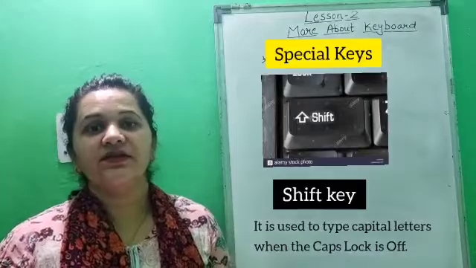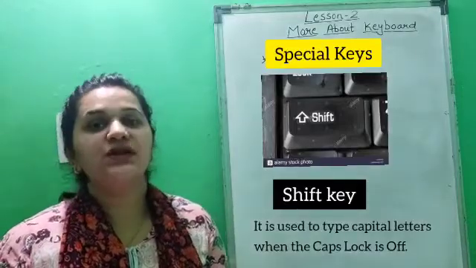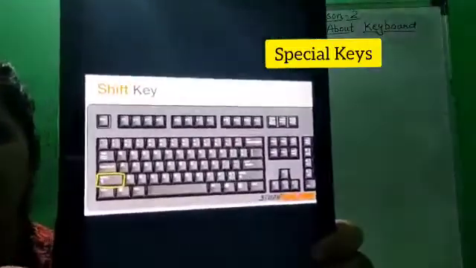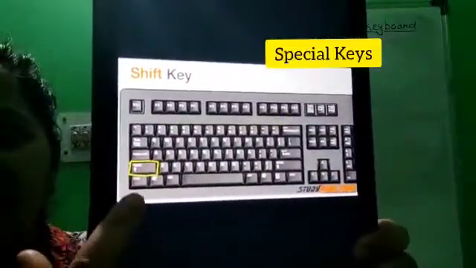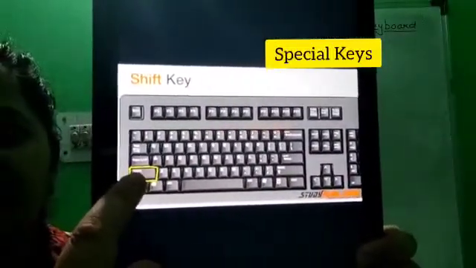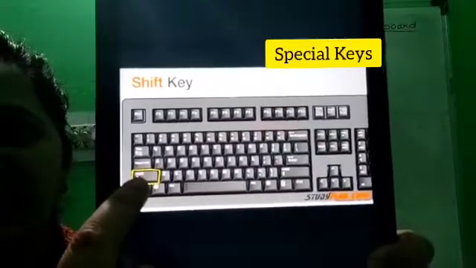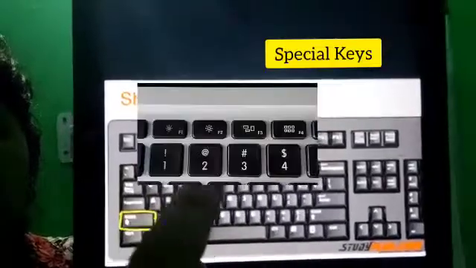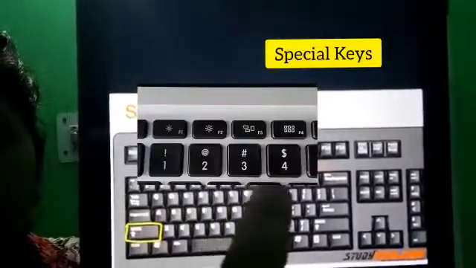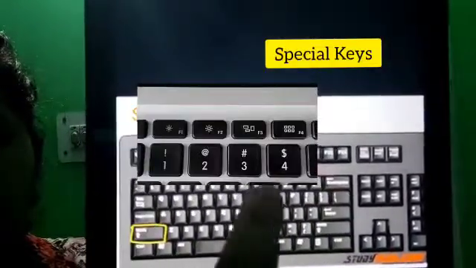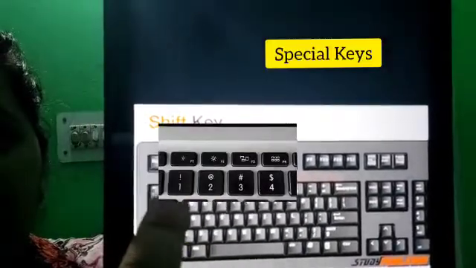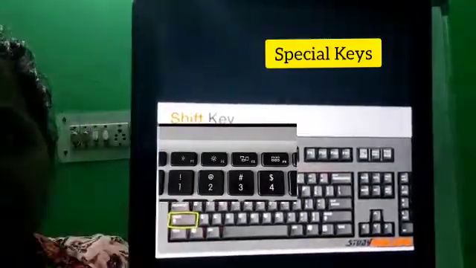Now children, the next type of key is the shift key. Now just look at this. Here children, this is the shift key. Now you must have seen that here the number keys are there. Now when we press this number key 1, only 1 will be pressed over there.